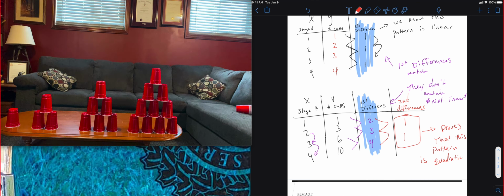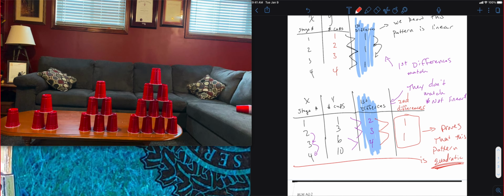The word quadratic, you don't really necessarily have any context as to what it is at the moment. But if I were to plot these points, which we can do in a second, if I open up Desmos here, well, I'll show you. We're going to do a whole bunch of this today, okay? So you don't necessarily have any context as to what quadratic means yet, okay? But this is how you prove it every single time.